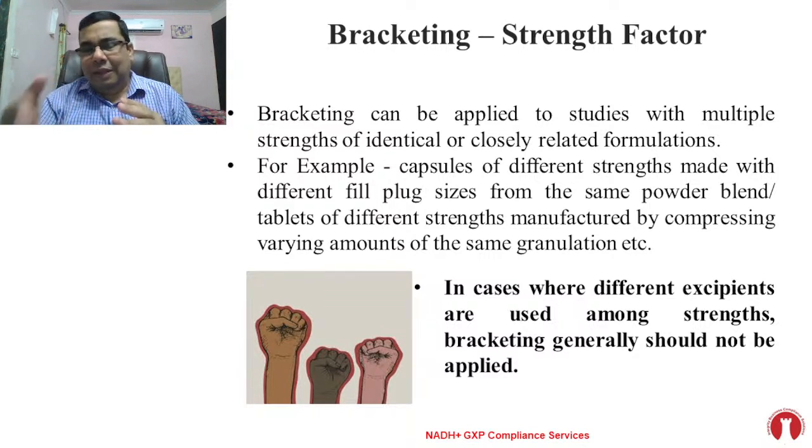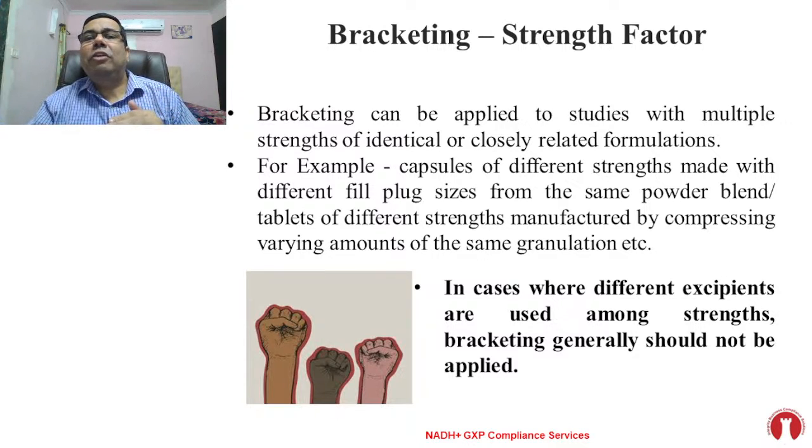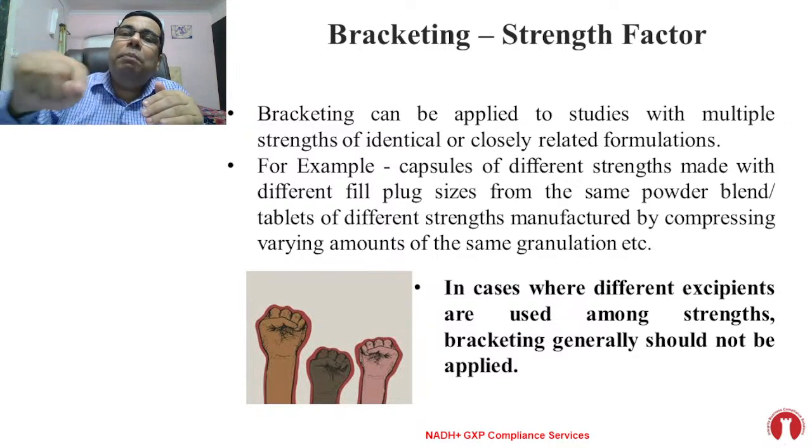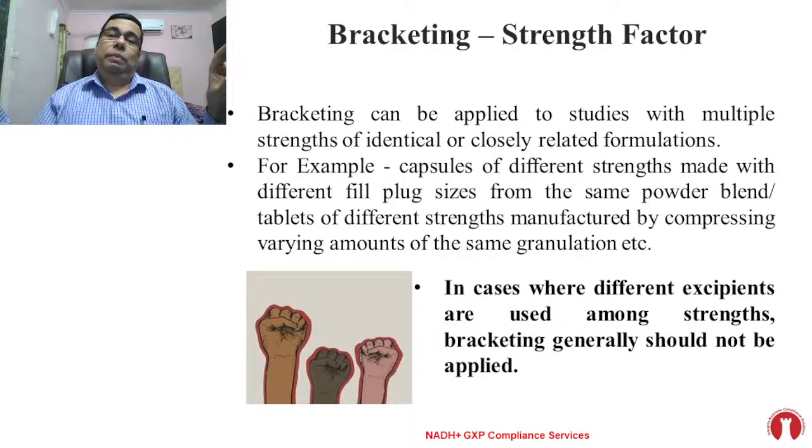An example is also given here. You can go through this. Capsules of different strengths made with different fill plug sizes from the same powder blend. It means the powder blend is the same, used to fill different strengths of the capsule. The granules are the same and are filled in the capsule.